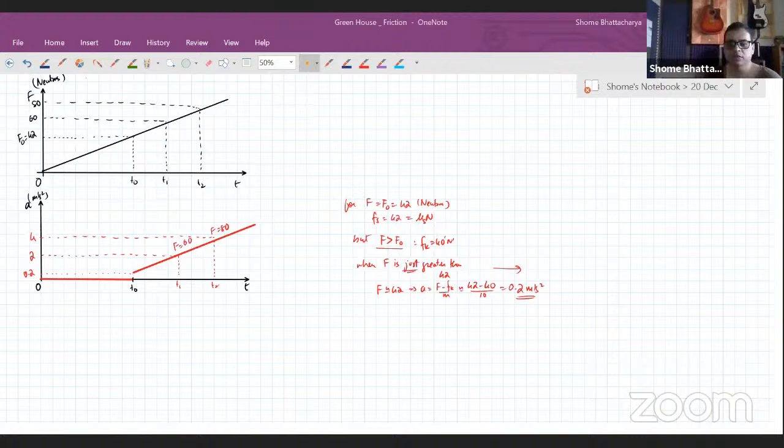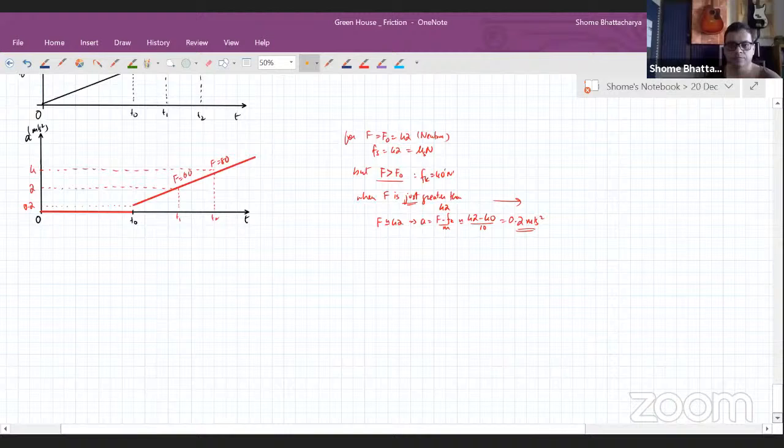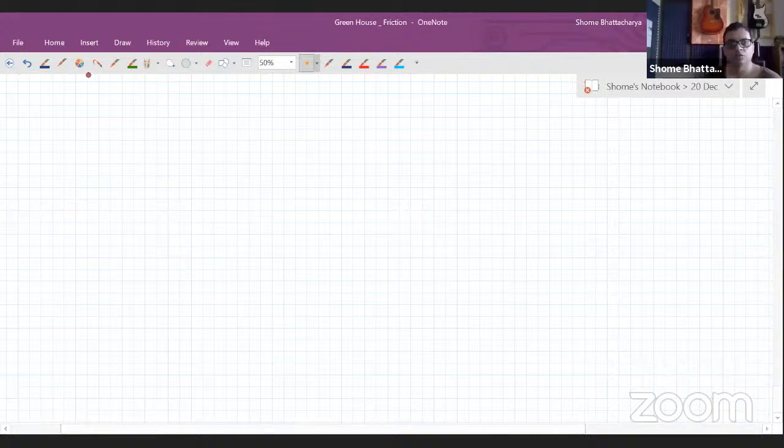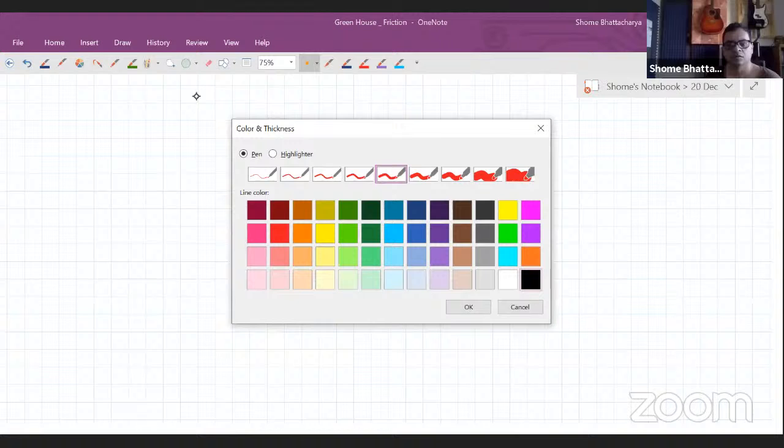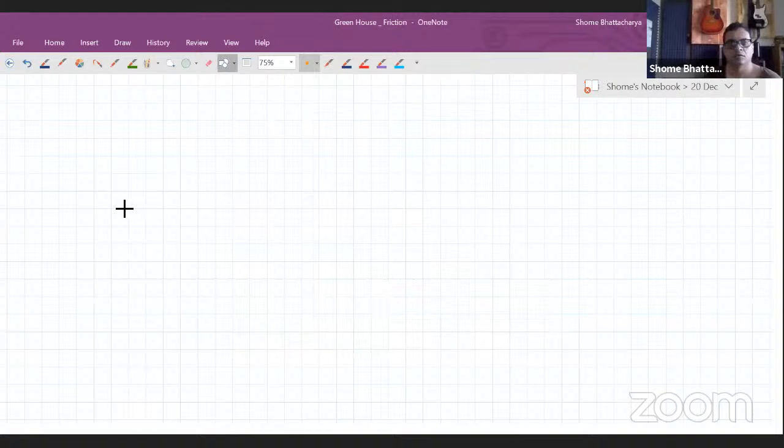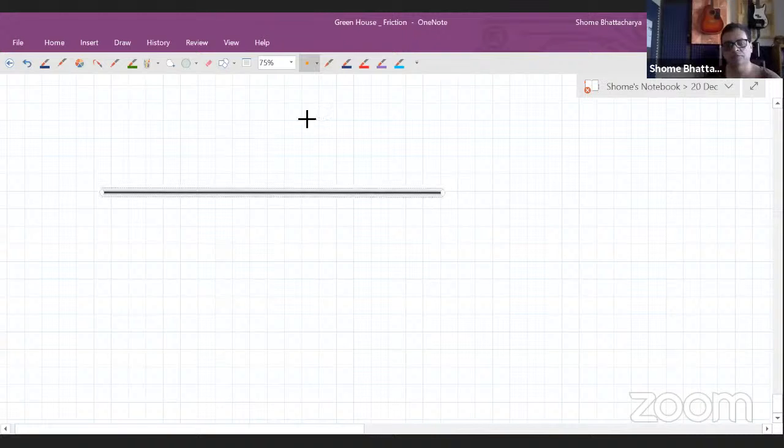Okay, so now let's pick up some more examples. So next, let's see a situation like this, where what we've done is we've kept two blocks stacked on each other.